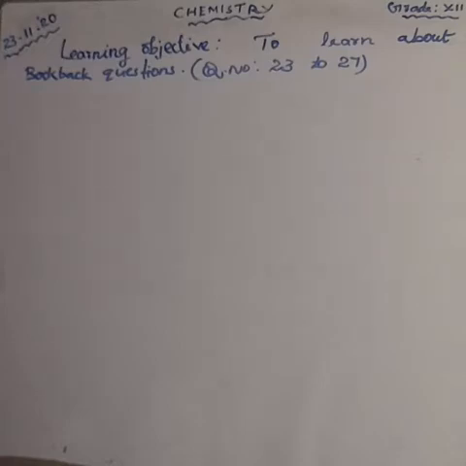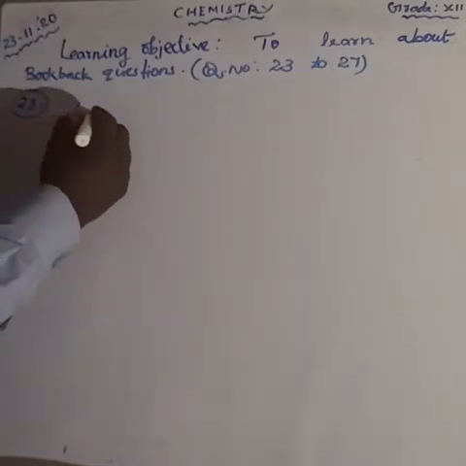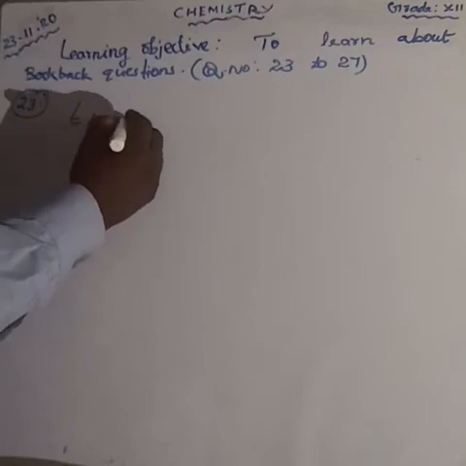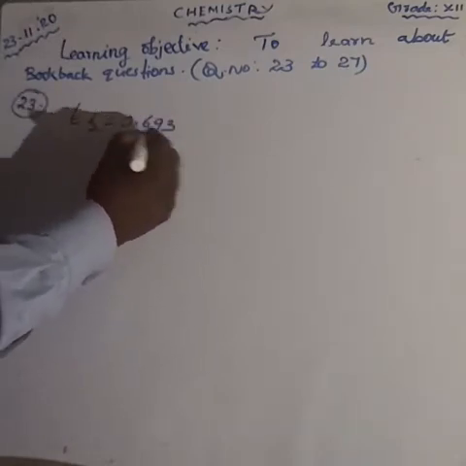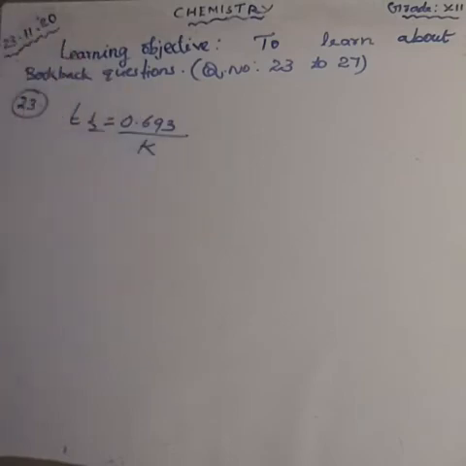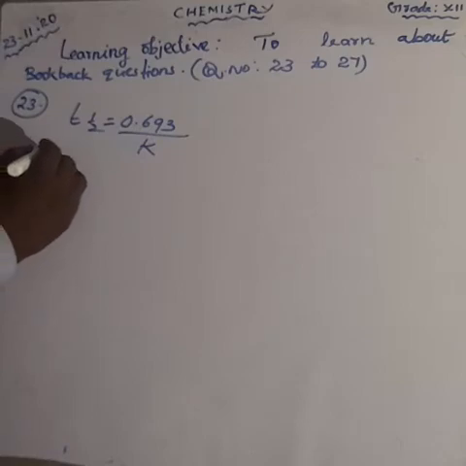How can you calculate this? What are the given data? First you have to write the given data. For the 23rd, T half is equal to 0.693 divided by K.